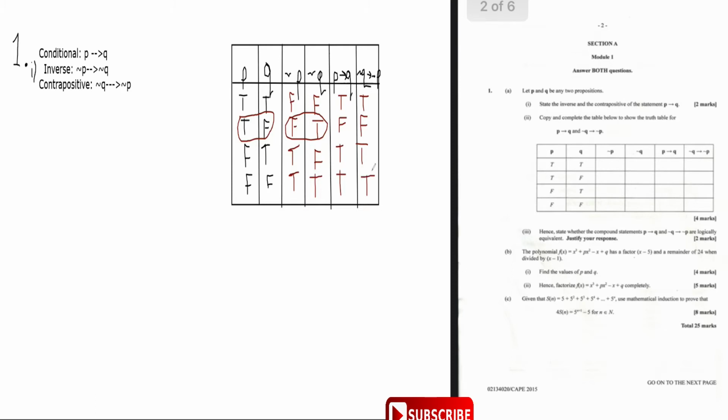All right, so that's that. So what does this mean then? As we can clearly see from the column of truth results, P implies Q and not Q implies not P have the same truth values, so clearly we can say that they are logically equivalent. All right, so this is just the truth table for part 2.